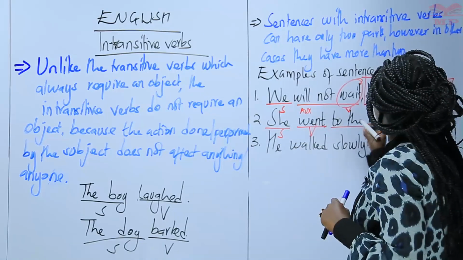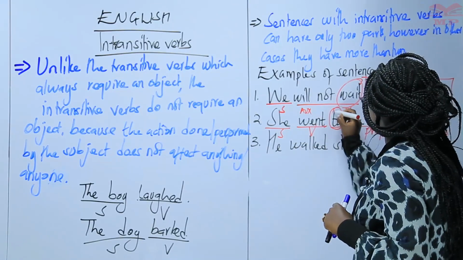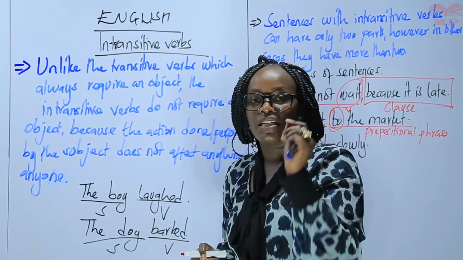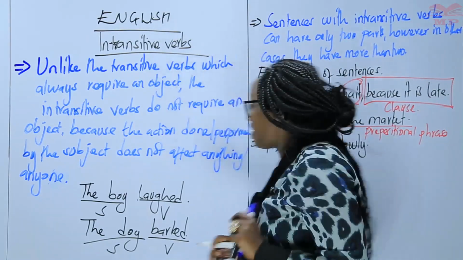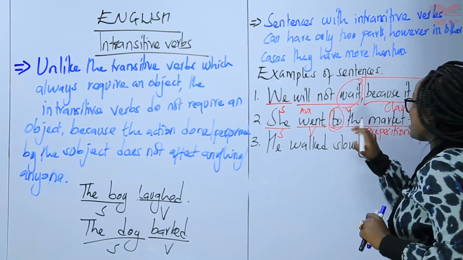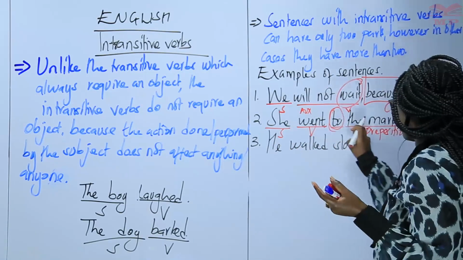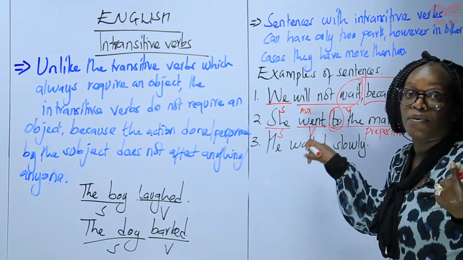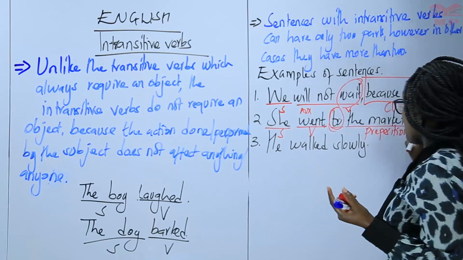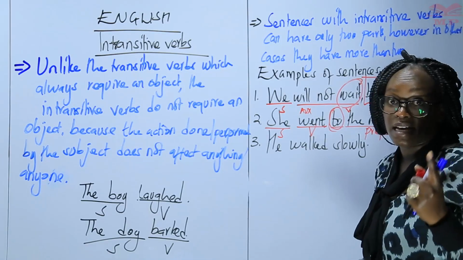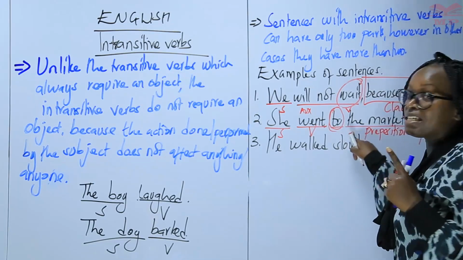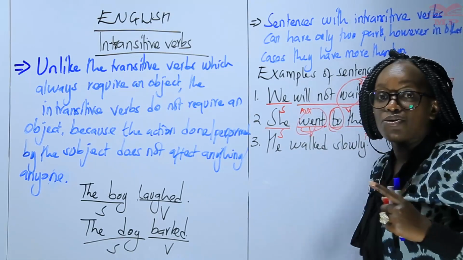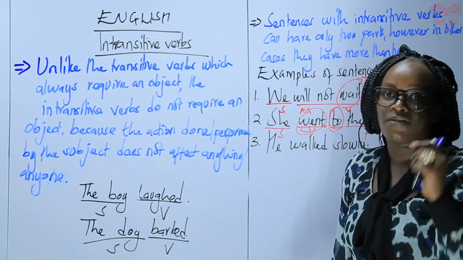This prepositional phrase of ours starts with a preposition which is to, and then it always contains a noun or a noun phrase. So the market is a noun phrase. But because it has started with a preposition to, this one becomes a prepositional phrase. I hope this is clear. This is a prepositional phrase, it is not an object. Therefore, our verb here is automatically an intransitive verb.